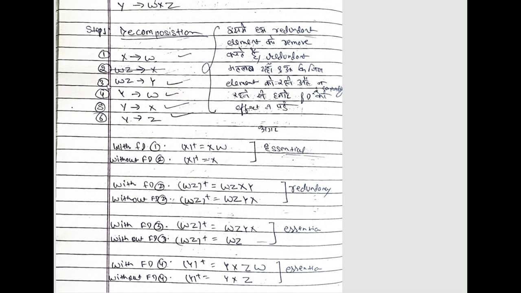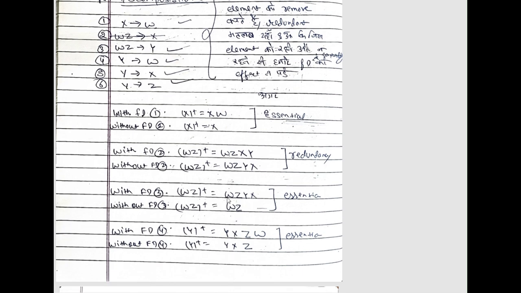Now we are going to check the next WZ dependency. With this functional dependency we will get WZYX, and now we are again finding the WZ closure, but this time we are skipping this functional dependency. Then we will find the closure. We will get WZ. Again we can see that the presence and absence of this functional dependency does affect our result. So this is an essential attribute, so we have to keep it.